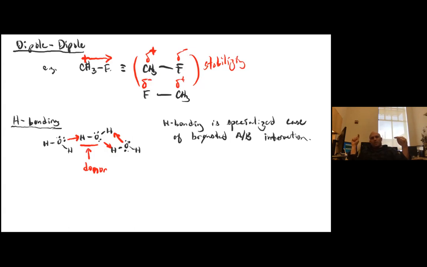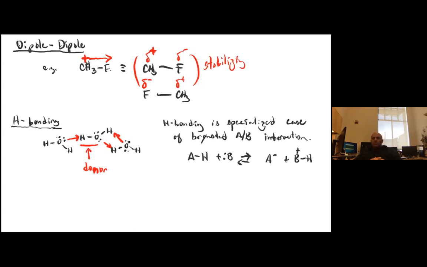A Bronsted base is any species that can accept a proton. And we drew that, very generically, something like that, where I transferred that proton to the base.